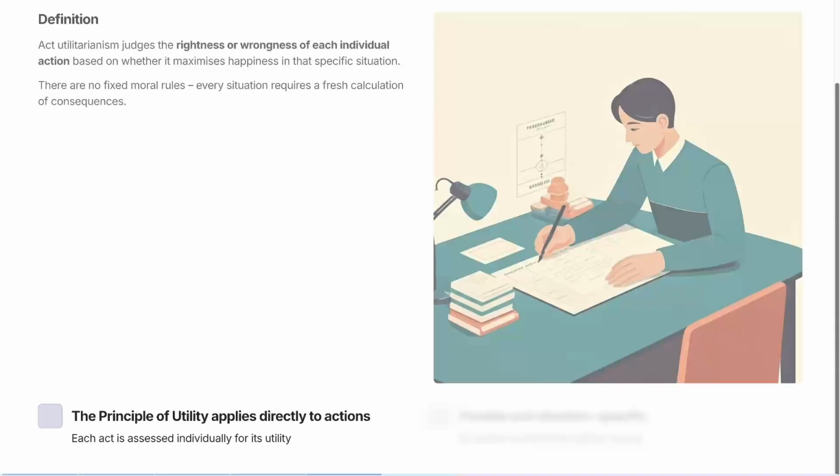This approach reflects Bentham's original idea that moral reasoning should focus on calculating pleasure and pain. The advantage is that it allows moral decisions to be flexible and responsive to circumstances. Instead of following fixed rules, we get to evaluate each situation individually.